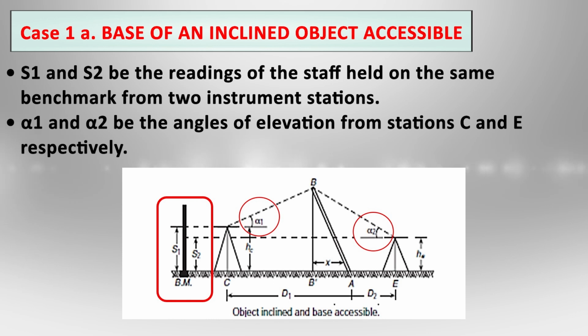So from the first setup we are getting the backside reading as S1, and from the second setup we are getting the backside reading as S2. We also measure vertical angles from the stations C and E. Alpha 1 and alpha 2 are the angles of elevation from stations C and E respectively.